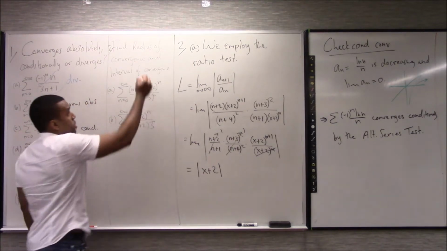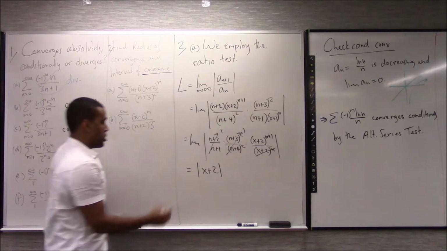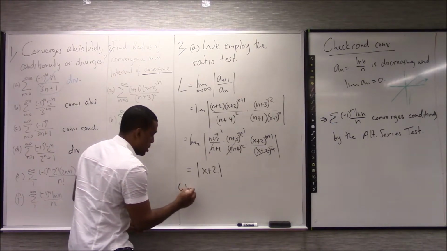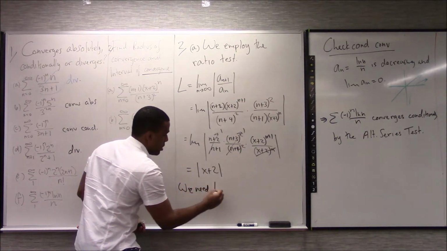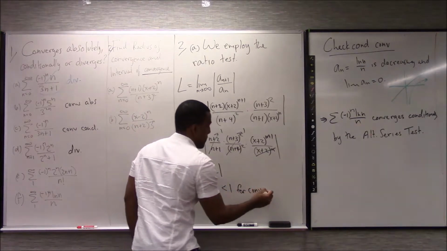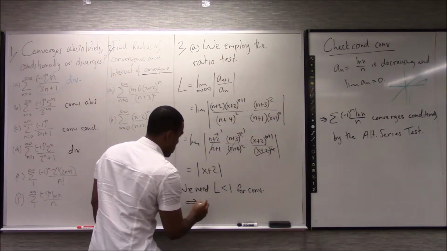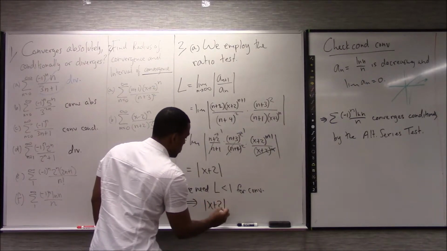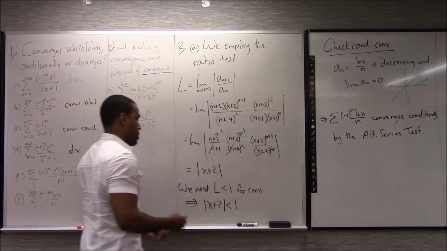So we want to find the interval of convergence, that's where it's converged. We need L to be less than 1 for convergence. This means we need |x plus 2| to be less than 1.